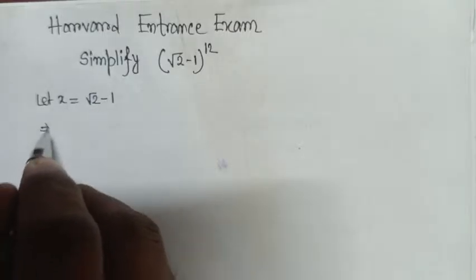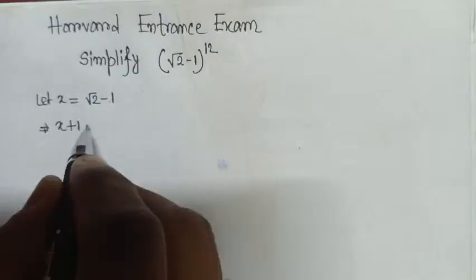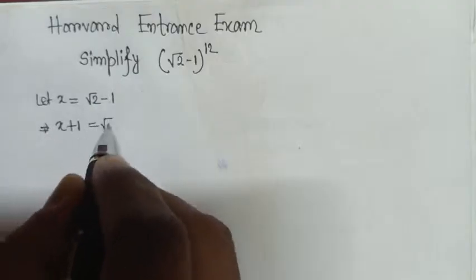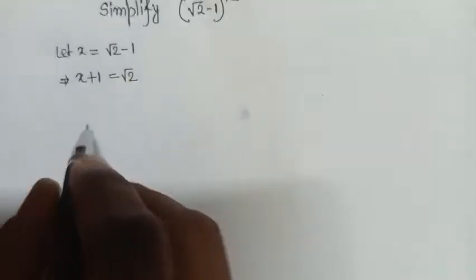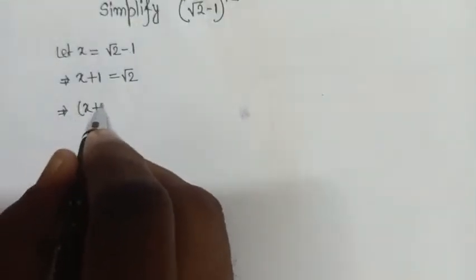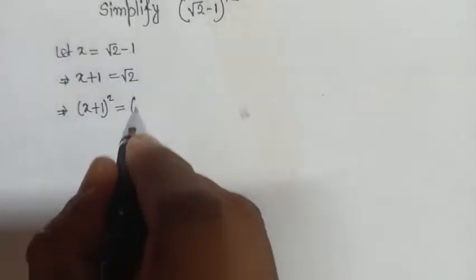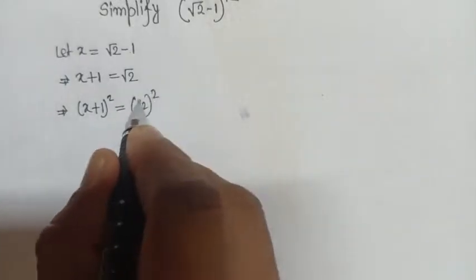So we are going to move this 1 to the left hand side. Then we get x plus 1 is equal to root 2. Now we are going to square both sides. x plus 1 whole square is equal to root 2 square.